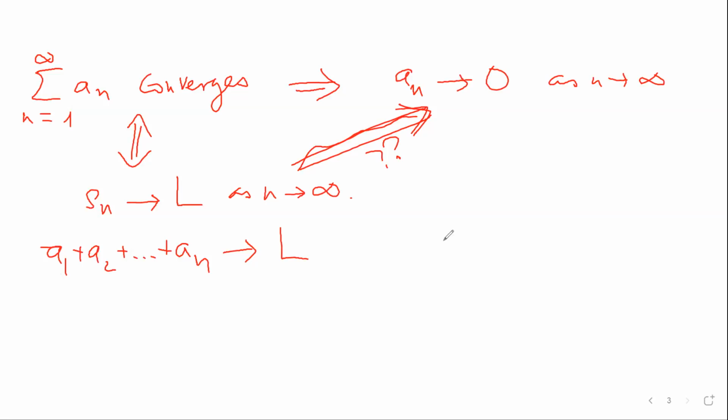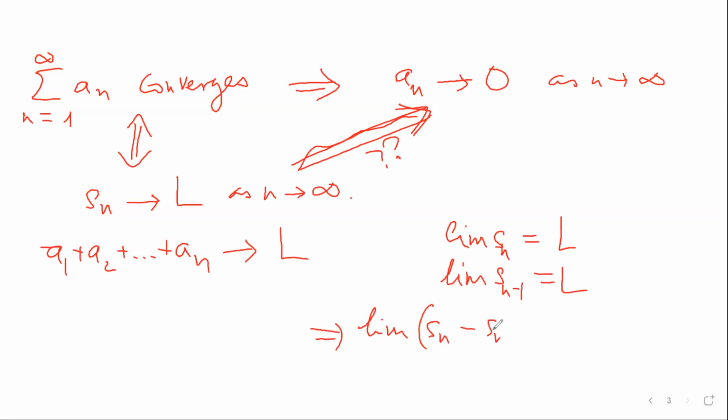So you have limit of S_n equal to L, and if you shift the index by 1, then you also get this, right? So this implies that the limit of S_{n+1} minus S_n, the difference of these two sequences, is 0. But this is just exactly a_{n+1}. Is this okay? And do you have any questions?